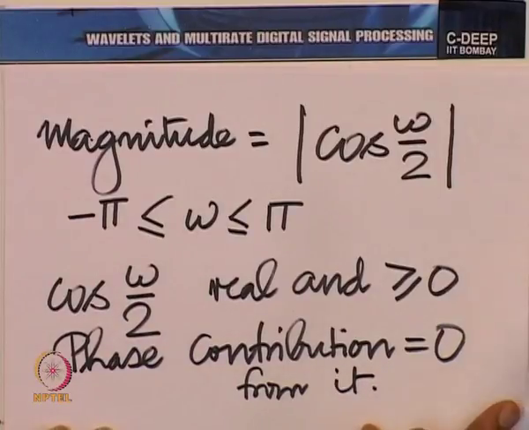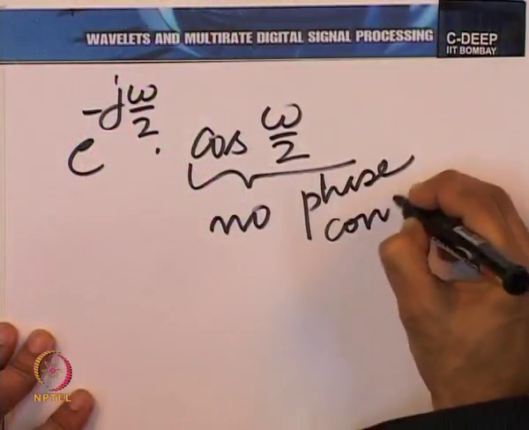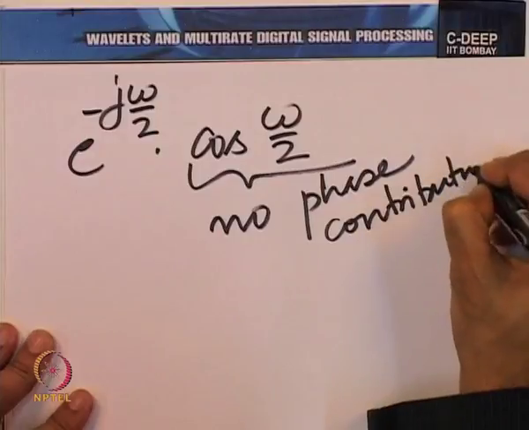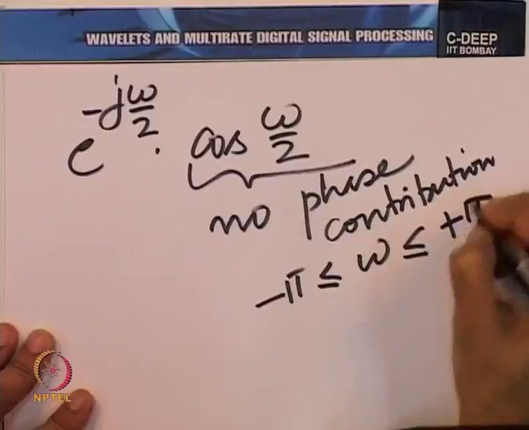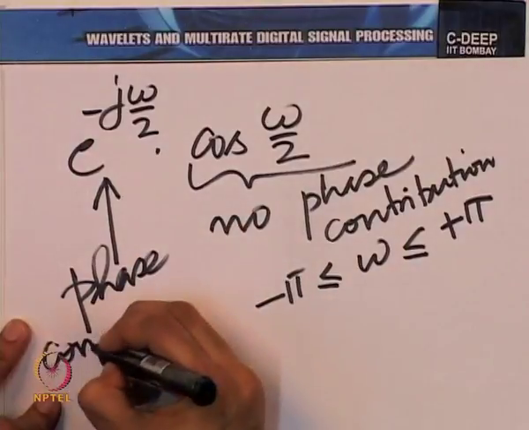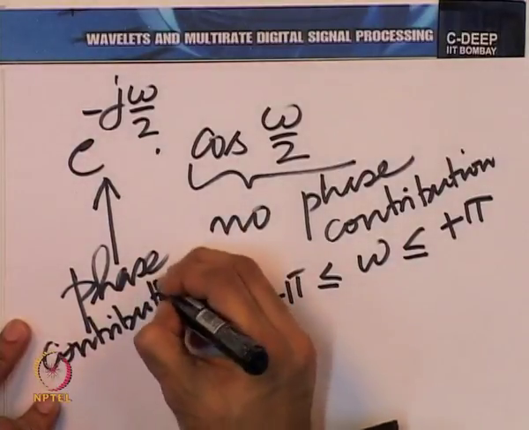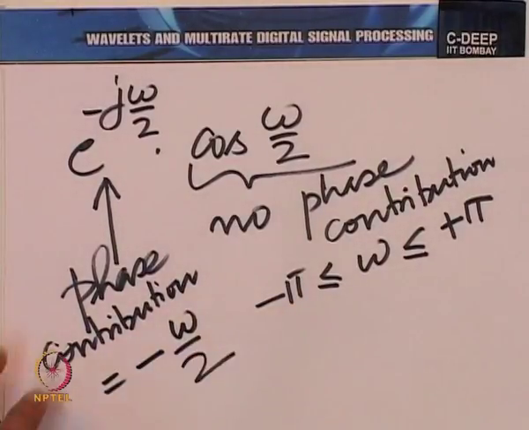So, if you look at the overall frequency response, namely e raised to the power minus j omega by 2 times cos omega by 2, this term has no phase contribution for minus pi less than or equal to omega less than or equal to plus pi, and the phase contribution comes only from the exponential. The phase contribution from this term is going to be equal to minus omega by 2.